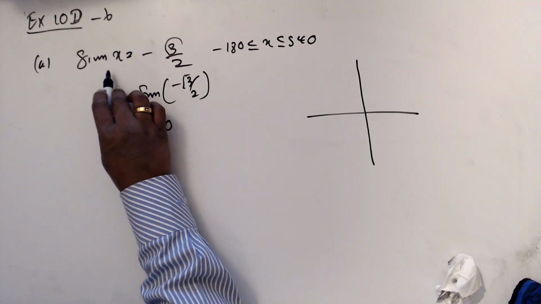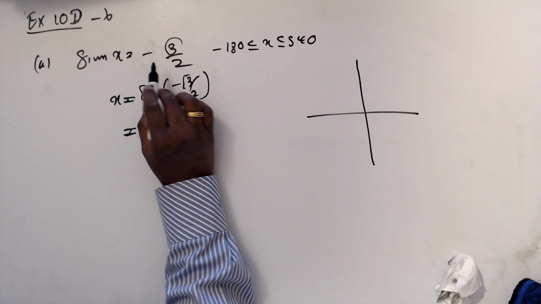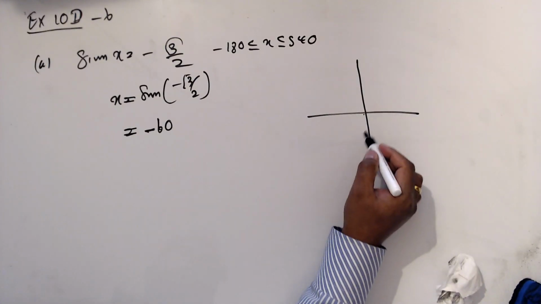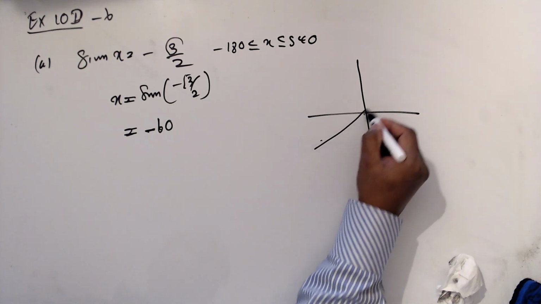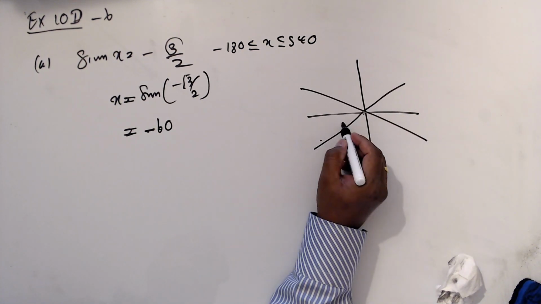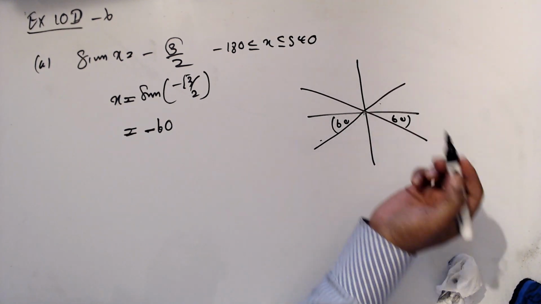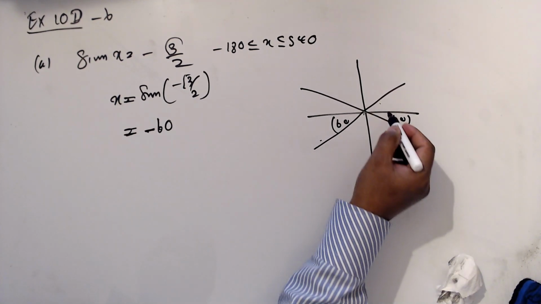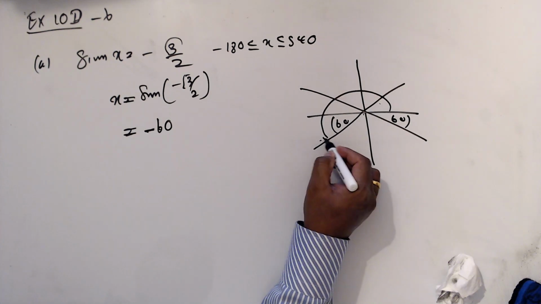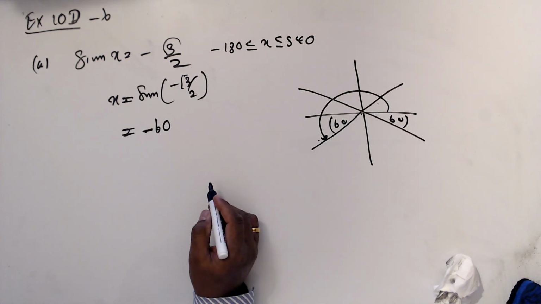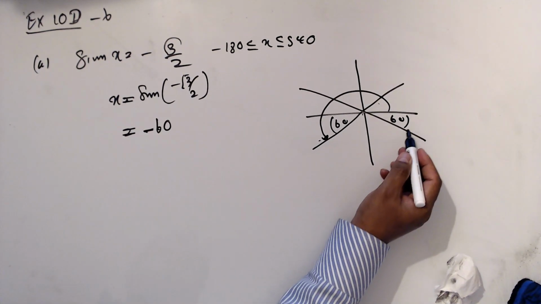So sine is negative in third and fourth. So this is 60 and this is 60. We don't need those two. Now one angle is, okay, minus 60.